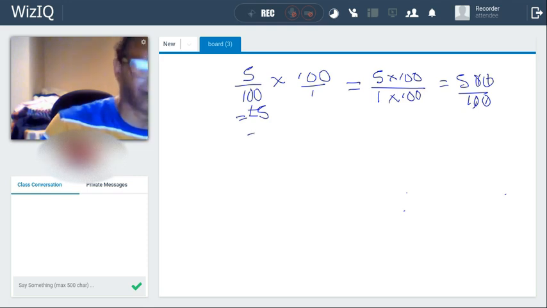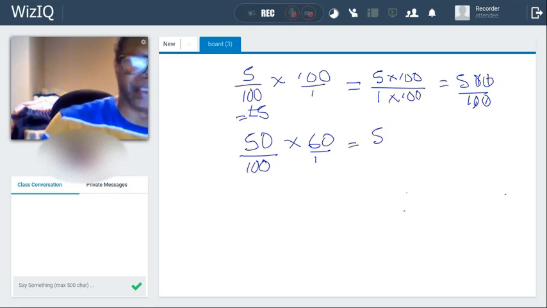Next one says 50. Okay, so 50% means 50 over 100. And that is of, which means multiply. So it's of 60 pounds. Again, you can multiply this. So I think you should maintain what we had covered before, 50 over 100 multiplied by 60.